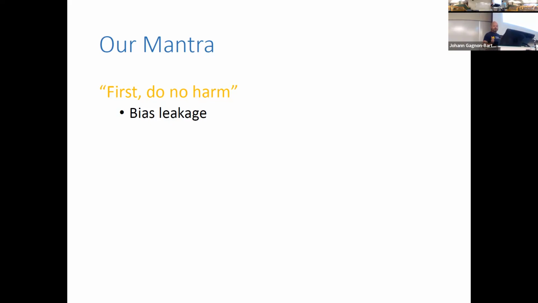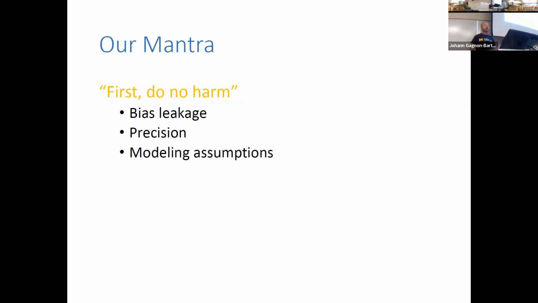So the first and foremost thing that we don't want to do is allow any sort of biases from the observational data to leak into our final estimate. Again, our goal here is to improve precision. That's the point of bringing in the observational data. So we want to make sure that we don't accidentally hurt precision. And then finally, we don't want to introduce any additional modeling assumptions. One of the very nice things about randomized trials is that you don't need any statistical modeling assumptions, and we want to maintain that.